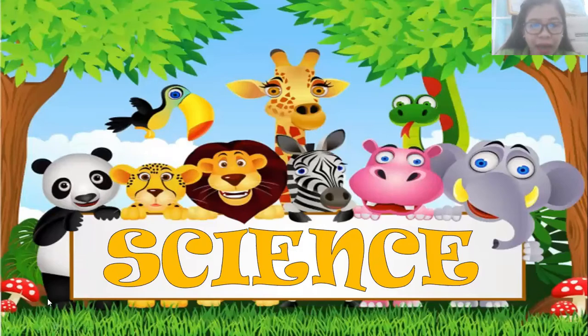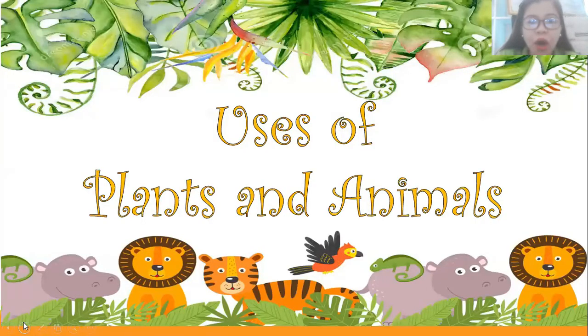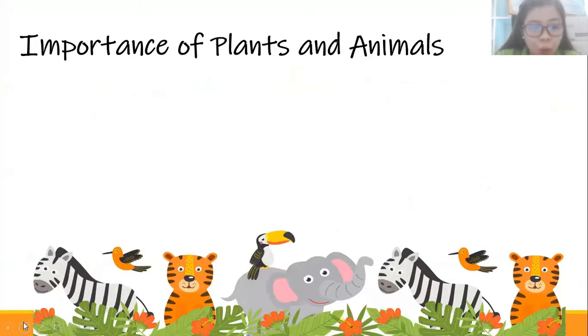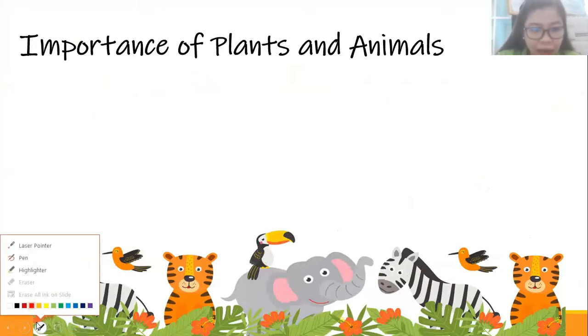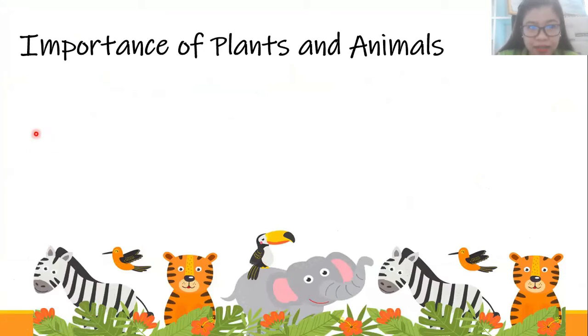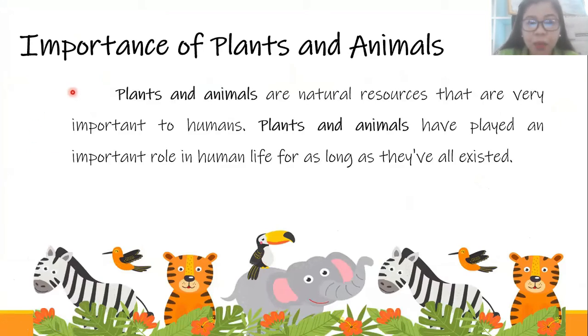Today we will have science and our topic this afternoon is about uses of plants and animals. So, why do you think plants and animals are important? Plants and animals are natural resources that are very important to humans.